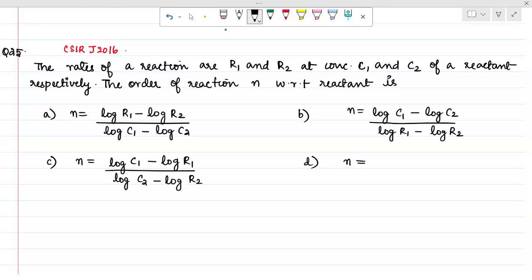Option D, N is equal to log C2 minus log R2 divided by log C1 minus log R1.